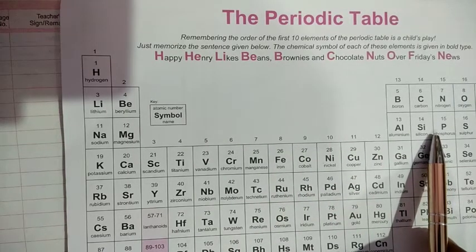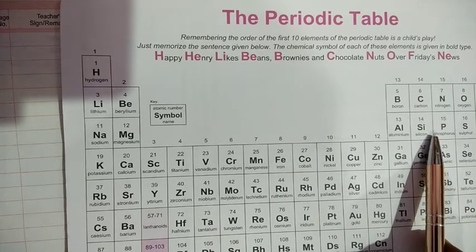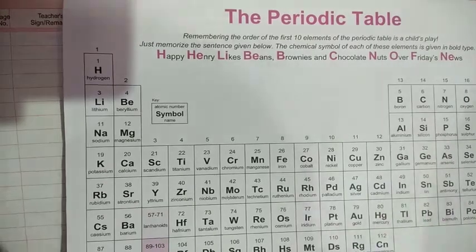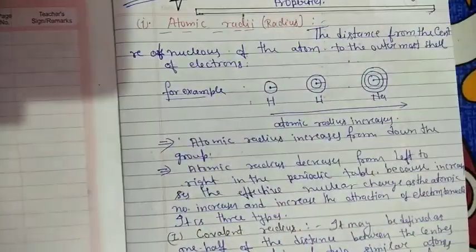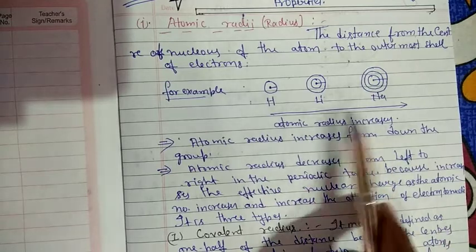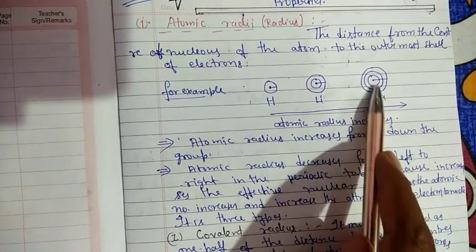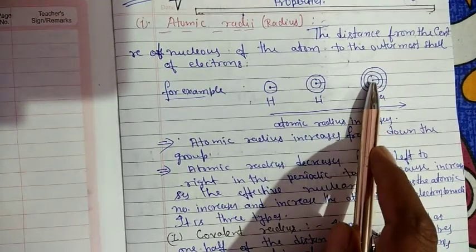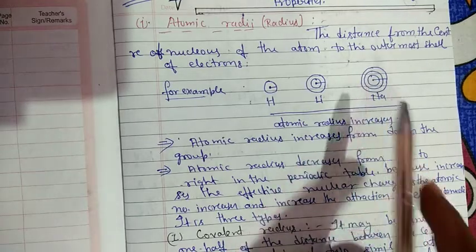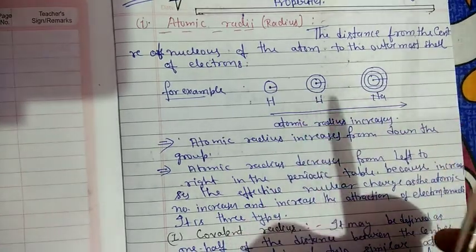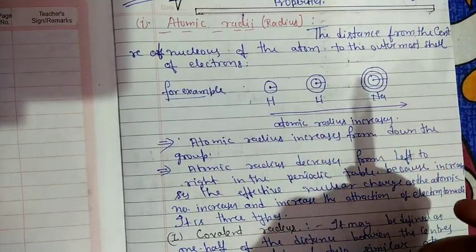So the effective nuclear charge increases, and then the force of attraction between the center of the nucleus and the outermost electron increases. So if we go left to right across the period, atomic radius decreases. What is the main reason?